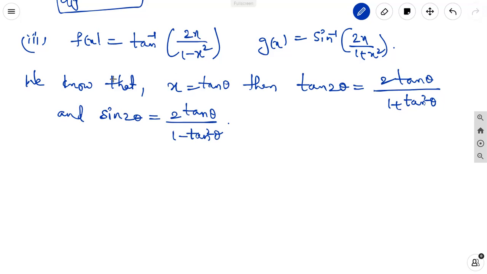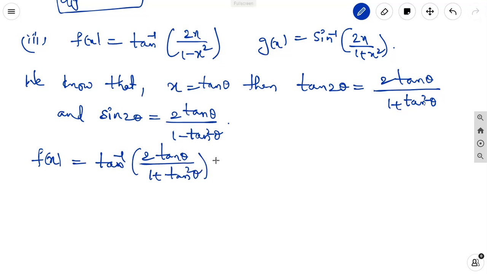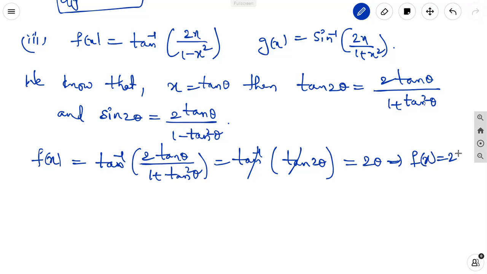So these values substitute here, then f of x equal to tan inverse of, taking x equal to tan theta, 2 tan theta by 1 minus tan square theta, it is equal to tan inverse of tan 2 theta, tan inverse gets cancelled, it is equal to 2 theta, that is f of x becomes 2 theta.